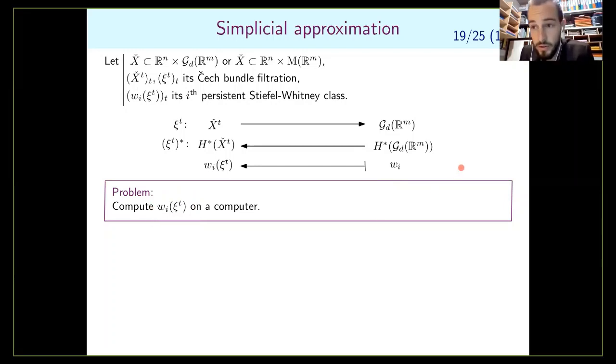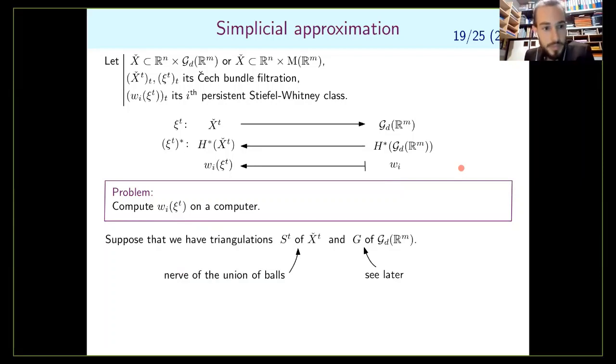So we will use simplicial complexes. I need a triangulation of the thickening and a triangulation of the Grassmannian. A triangulation, or simply a simplicial complex, that has the homotopy type of the thickening. So this can be done easily, as usual, by taking the nerve of my thickening. Triangulating the Grassmannian is a problem in its own, and I will talk about that in a few moments.